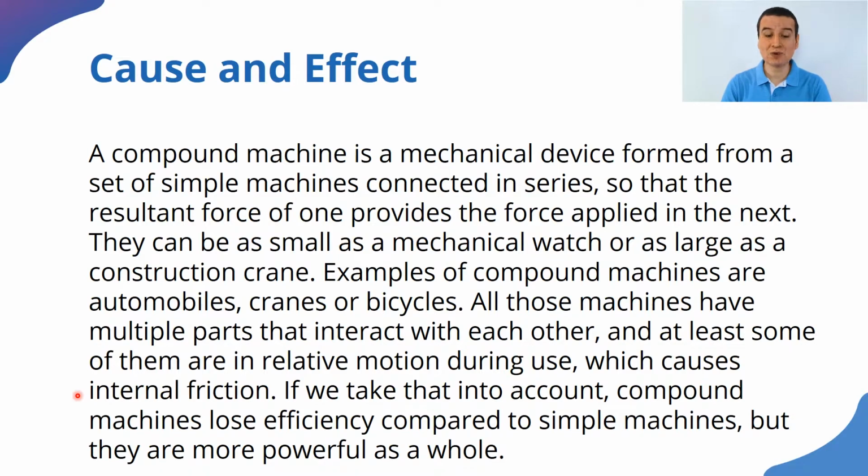If we take that into account, compound machines lose efficiency compared to simple machines, but they are more powerful as a whole. Why do they lose efficiency? Because the friction creates some resistance that needs to be overcome. That's what I remember from my physics classes.